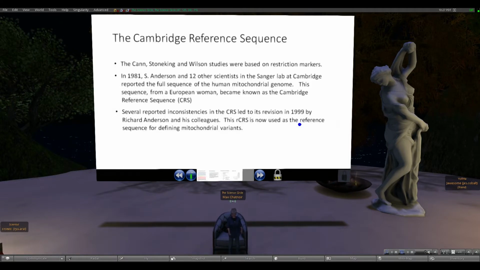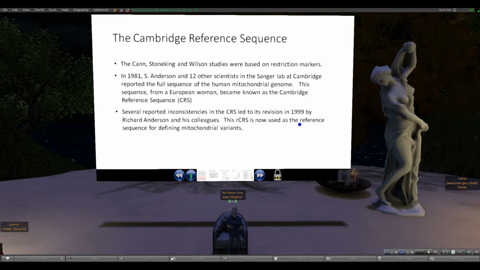The first full mitochondrial genome that was sequenced was done by the Sanger lab in Cambridge, and they did the full mitochondrial DNA sequence, all 16,000 plus bases, of an unidentified woman of European descent, and this went into the GenBank database and came to be known as the Cambridge reference sequence.